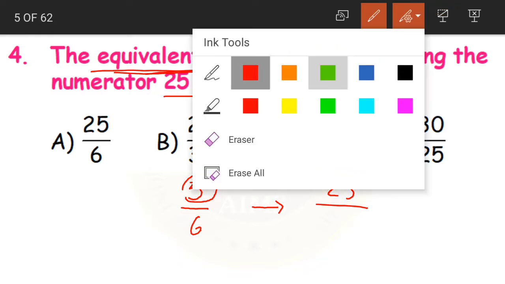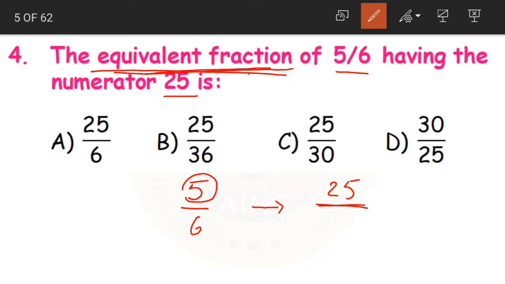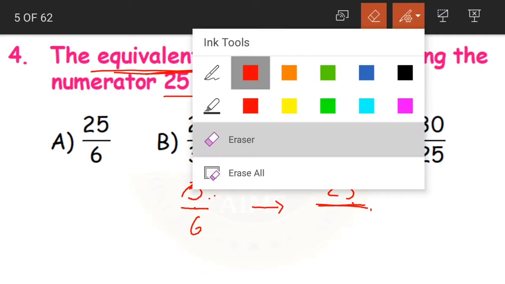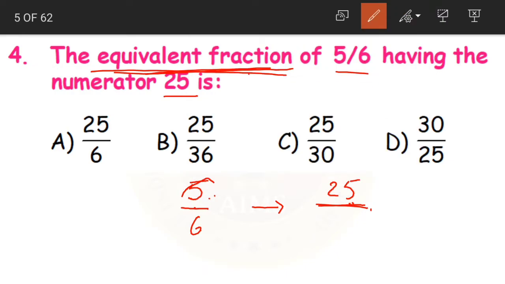Okay, now here what are they saying? We need to get 25 in the numerator. We are having 5, but we need to get 25. So now what should we do? Should we multiply 5 with something to get 25, or should we divide 5 to get 25, children? We should multiply. Yes, we have 5 5s are 25.